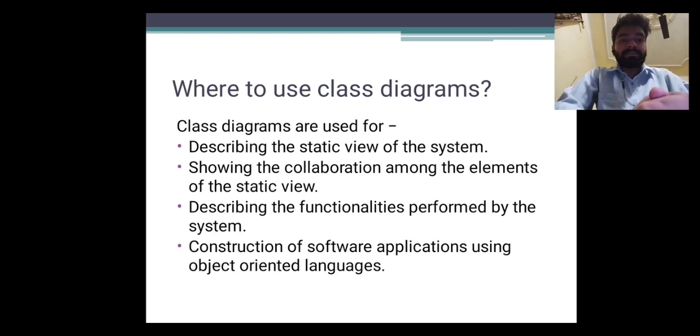And next is where to use a class diagram. A class diagram is used for describing the static view of the system, showing the collaboration among the elements of the static view, and describing the functionalities performed by the system. And next is construction of software applications using object oriented languages.